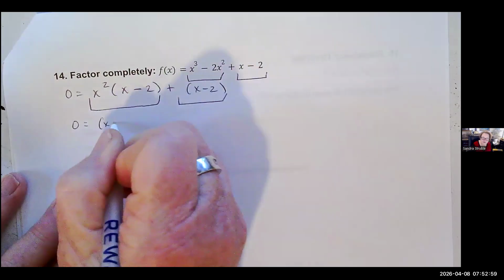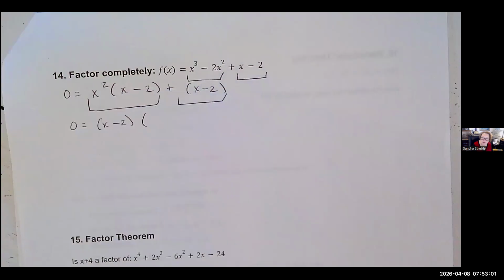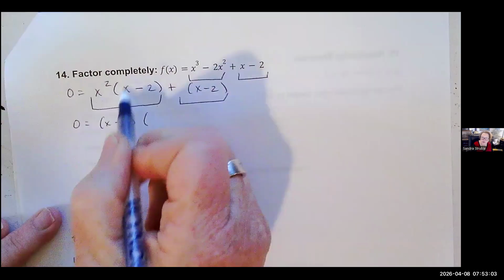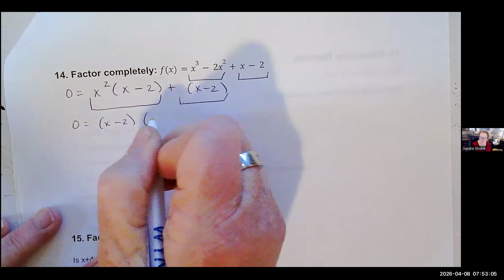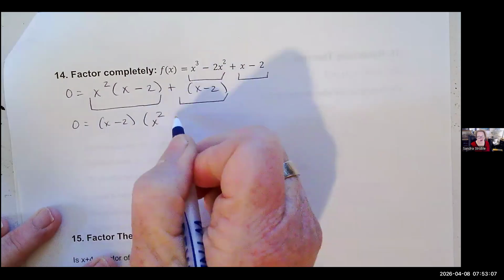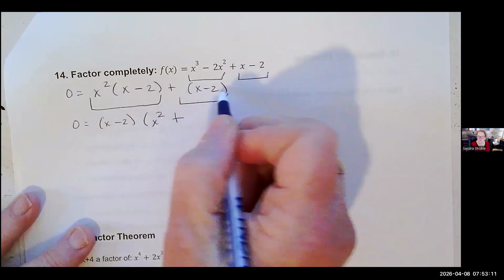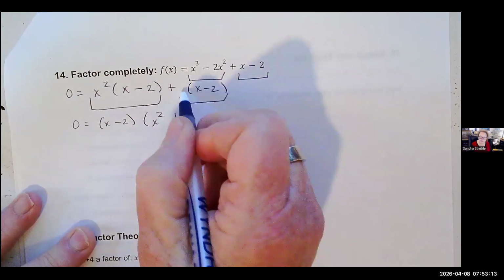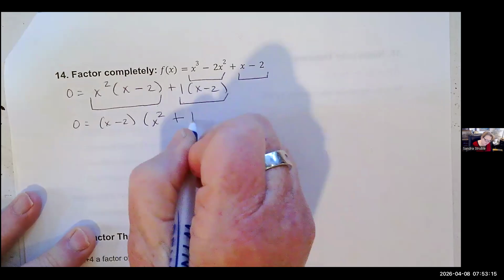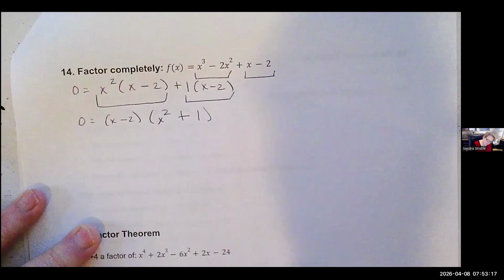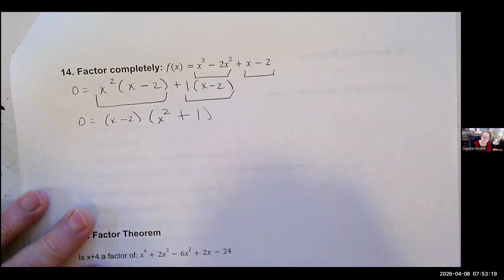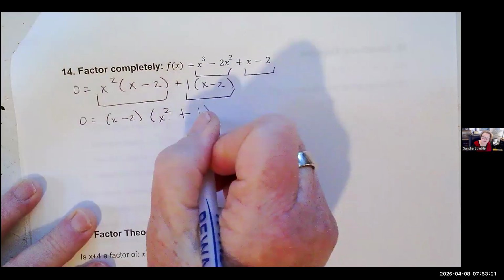What am I left with? When I factor x minus 2 from this term, I've got x squared. Plus, there's nothing there. Is it 0? No, because this term wouldn't be here. So it has to be an assumed 1. All right. And then we're going to just continue solving for 0. This cannot be factored any further because it is the sum of 2 squares, not the difference.